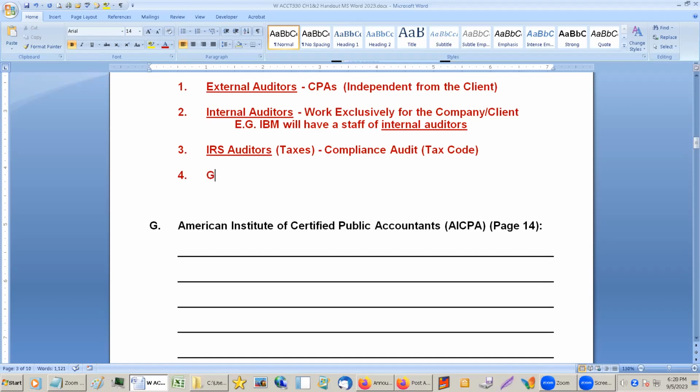Okay, and then we have governmental audit, often called the GAO, General Accounting Office. These are usually auditors that audit federal government programs.